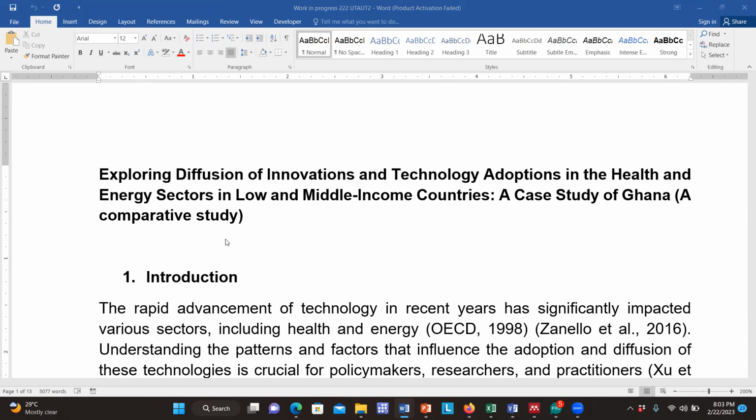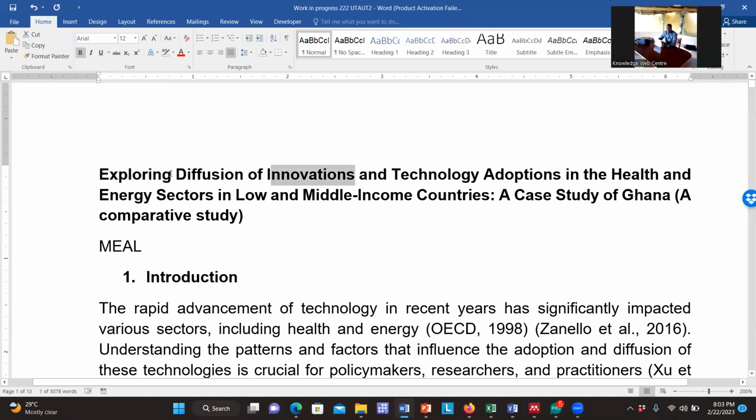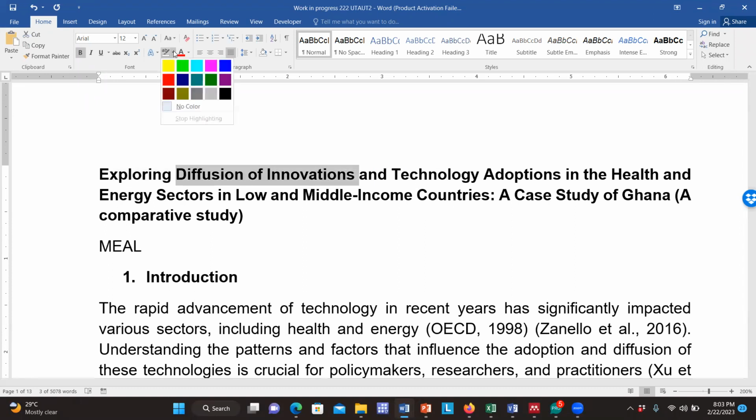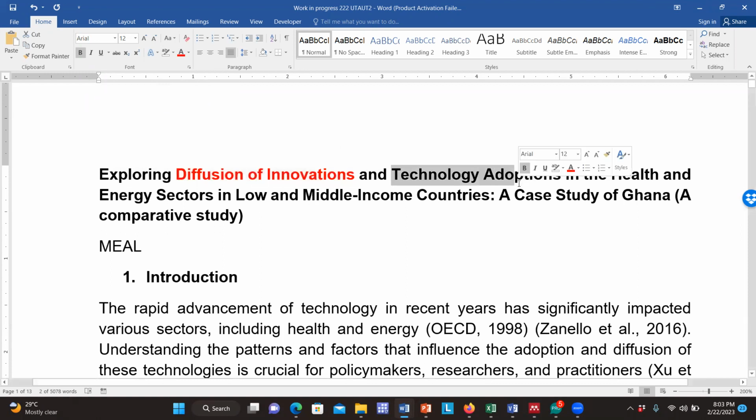Now, if you are using the meal approach, look at Kobna's work. He said he's doing an exploration of what? Diffusion of innovation. He's doing something on what? Technology adoption.